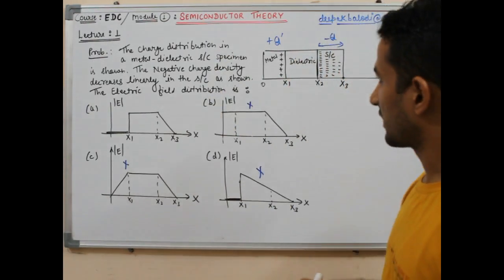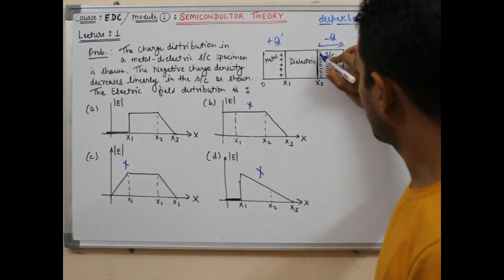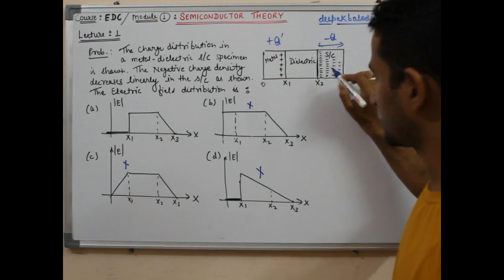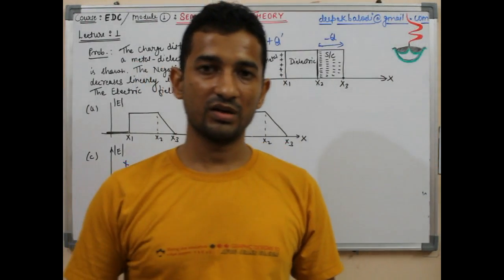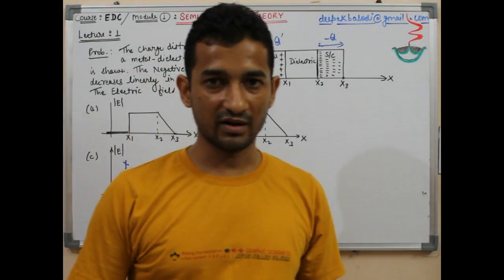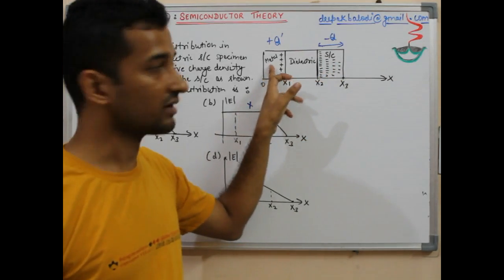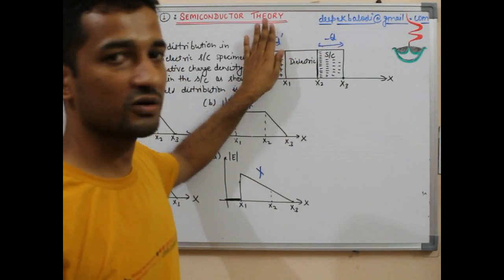So obviously this is the correct one, because up to this the electric field is maintained within the dielectric, and because the charge density is decreasing, there are more charges, then lesser charges, then still lesser charges. If there is a charge variation, there has to be an electric field variation. Please remember, there are not as many charges as are available in the metal. Maybe from the diagram it is not quite visible, but in the metal there are lots of free charges.